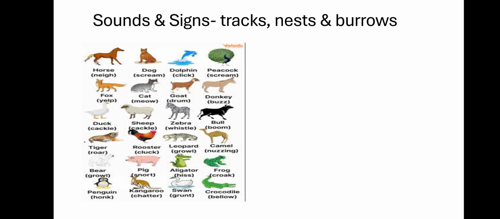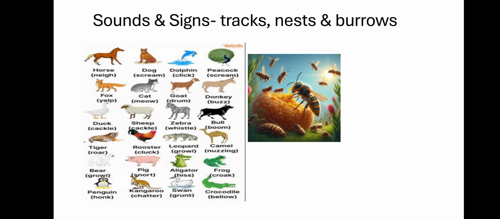Horse neigh, dog scream, dolphin click, peacock scream, fox yelp, cat meow, goat drum, donkey buzz, duck cackle, sheep also cackle, zebra whistle, bull boom, tiger roar, rooster cluck, leopard growl, camel nuzzing, bear growl, pig snort, alligator hiss, frog croak, penguin honk, kangaroo chatter, swan grunt, crocodile bellow. So you can see these various sounds of different animals.